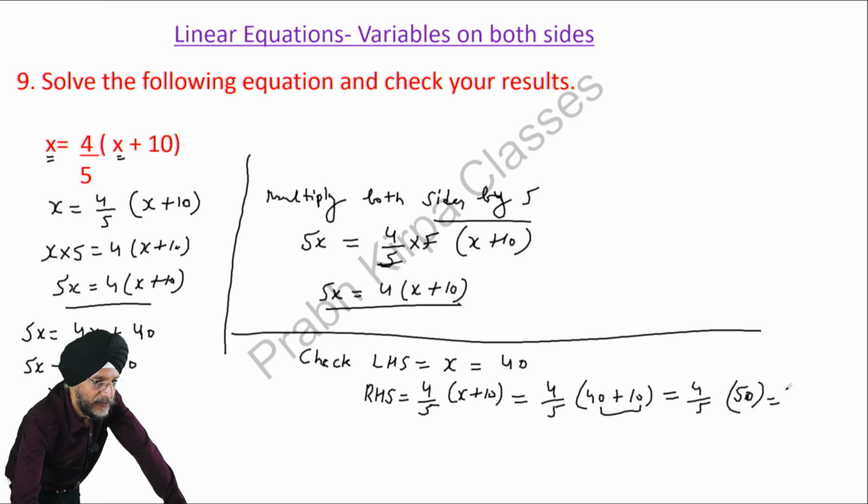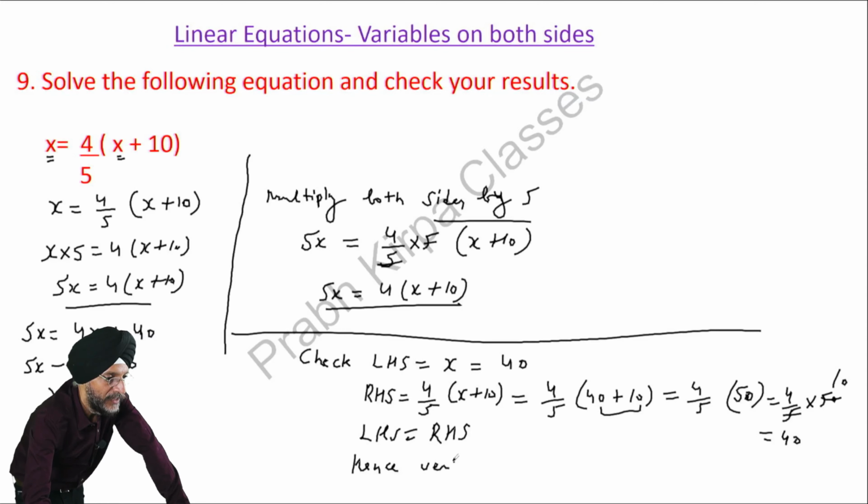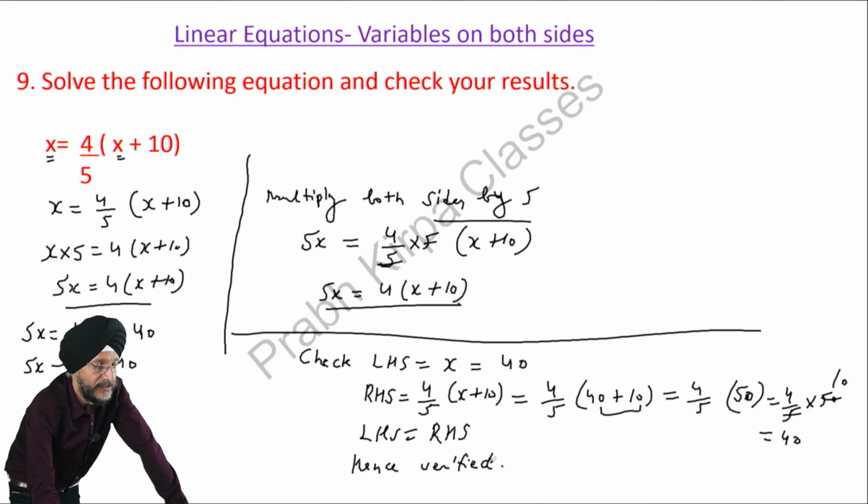And then 4/5 into 50, it becomes 4 into 10, 40. So left hand side 40, right hand side 40. So left hand side is equal to right hand side, hence verified. That is, the value of variable x which we had arrived at is correct.